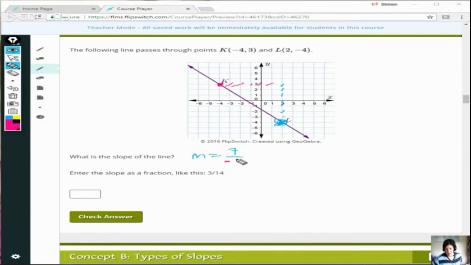So that's -6 because we counted back. Alright, so I'm noticing there is a negative sign in the denominator, and if you remember from algebra, that is the same thing as -7/6. So we have -7/6.